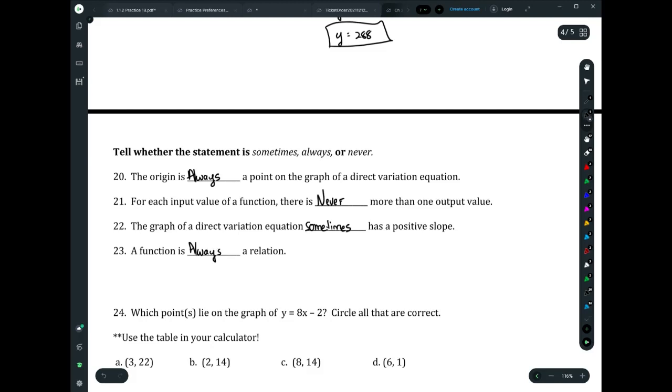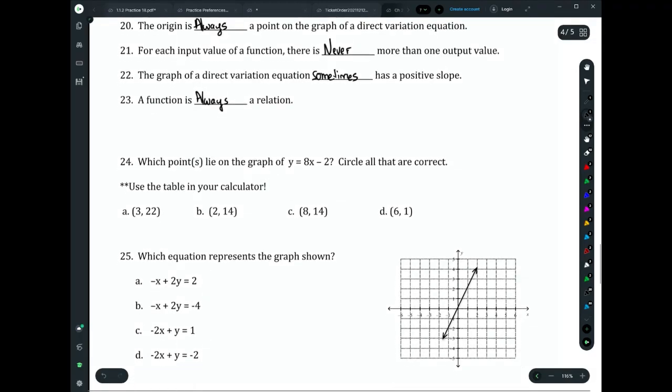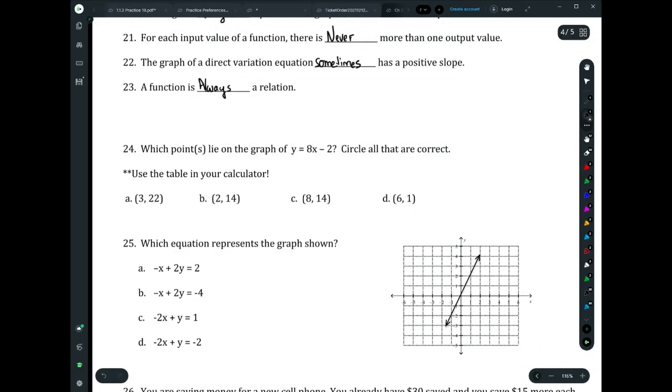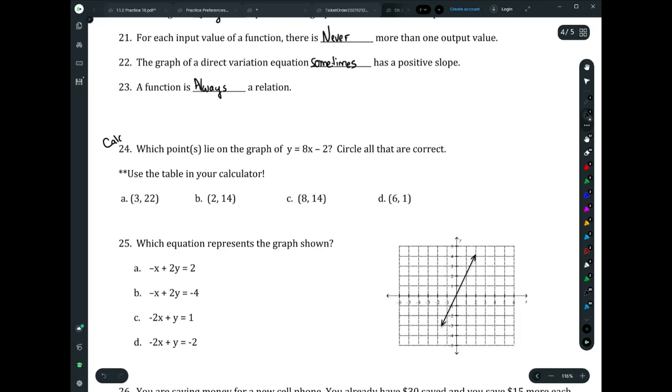There are some multiple choice questions that are similar. Points lying on a graph. For these types, use your calculator. If we go to y equals and type this equation in, 8x minus 2, and we go to the table, you're basically looking for which of these works out. 322, I see that one's on there. 214, yes, that one's on there.